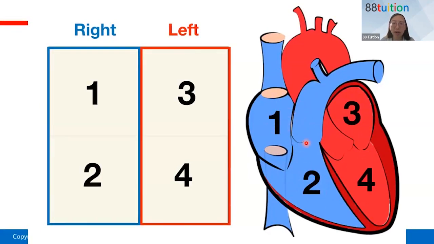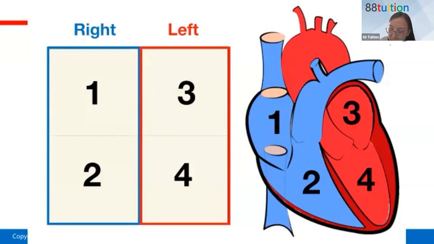Can anyone type into the chat, or everyone try? Why is it in blue? The blood that flows through number 1 and number 2 is in blue. What does it mean when we color it blue? It doesn't mean blue blood. We don't have blue blood. But what does the blue mean? Good job, Javier. So 1 and 2 is actually the deoxygenated blood.